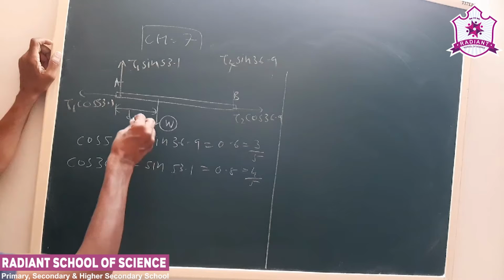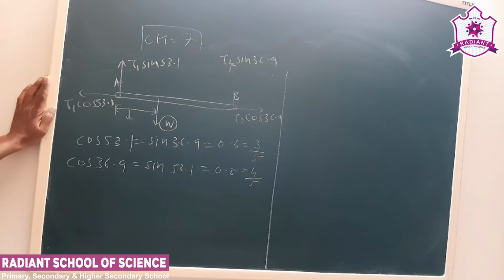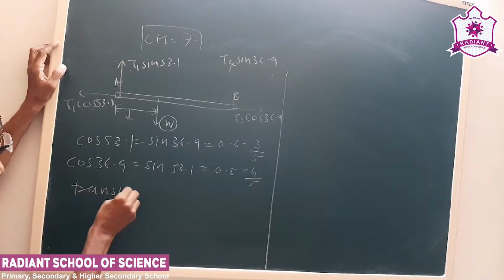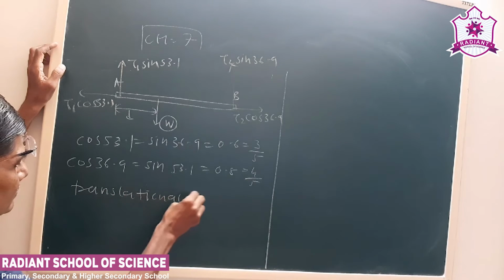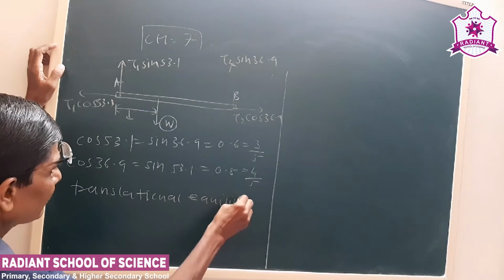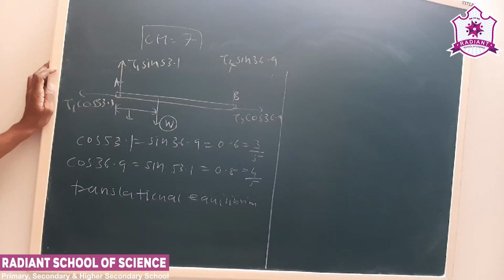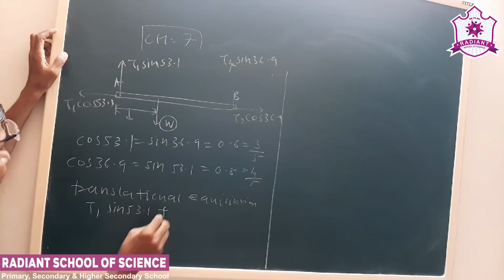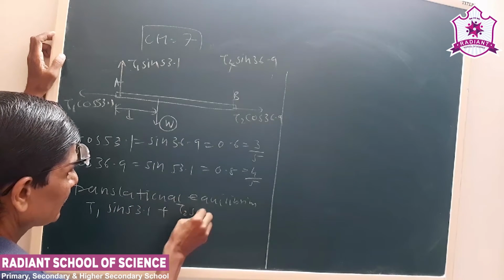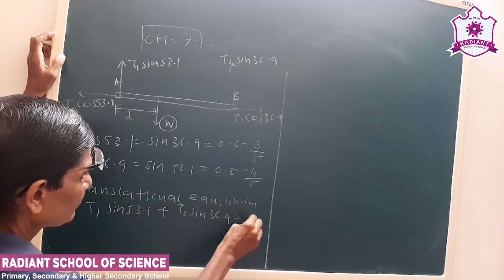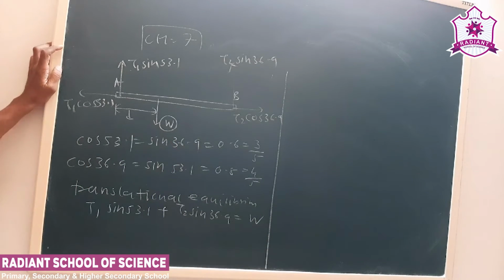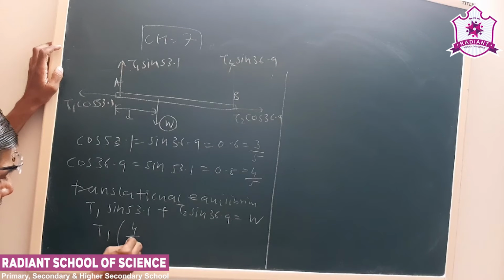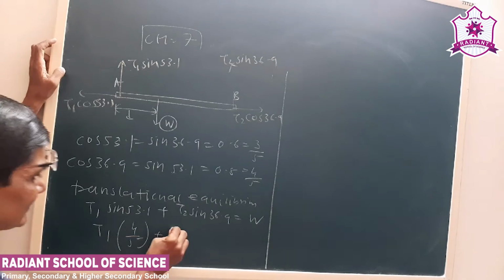Let us say it is a distance of D from the end A. Now suppose I consider the linear or translational equilibrium. See, upward force should be equal to downward force, T1 sin 53.1 plus T2 sin 36.9 should be equal to downward force W. Now sin 53.1, see, for easy calculation I have taken 4 by 5.